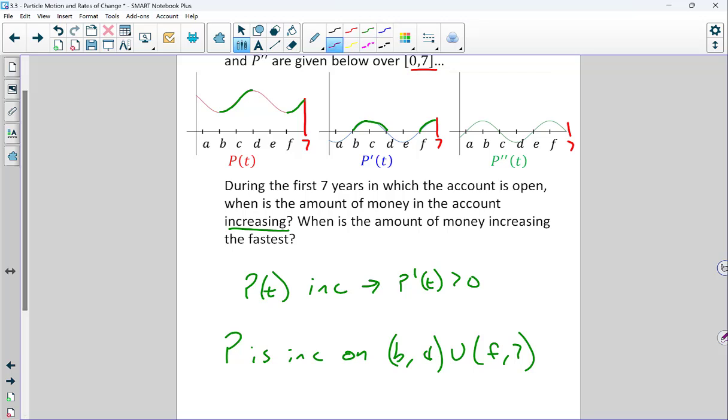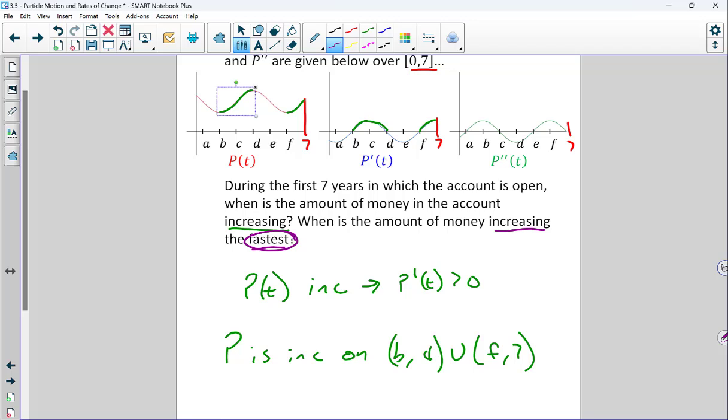Next, let's look at the second question. When is the amount of money increasing the fastest? There's that word again, fastest, which has to do with a speed, not necessarily just a rate of change. So it could be a positive rate of change or a negative rate of change as long as it's steep in the positive direction or in the negative direction. So we're talking about the amount of money increasing.